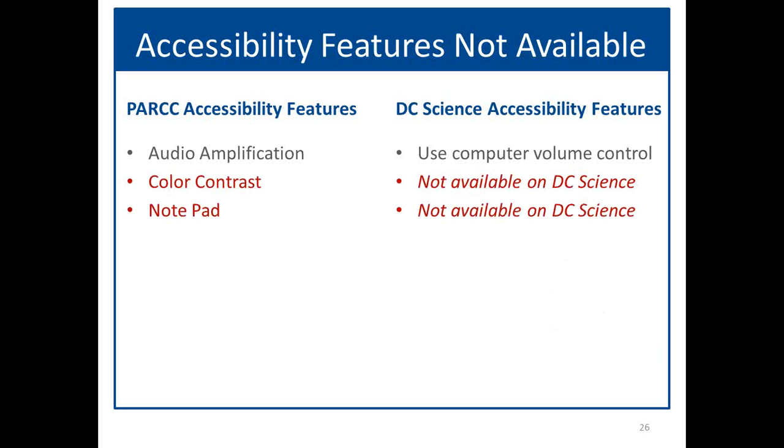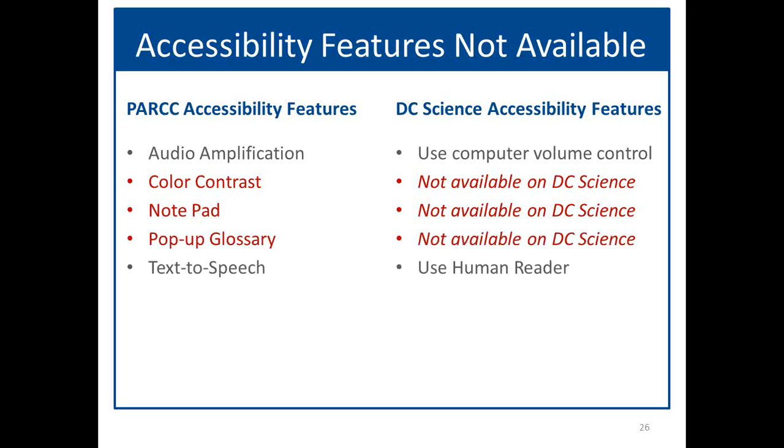The notepad is not available. The pop-up glossary, not available. As we mentioned earlier, text-to-speech is not available, but you can use the equivalent SEDS accommodation of human reader. And writing tools are not available.